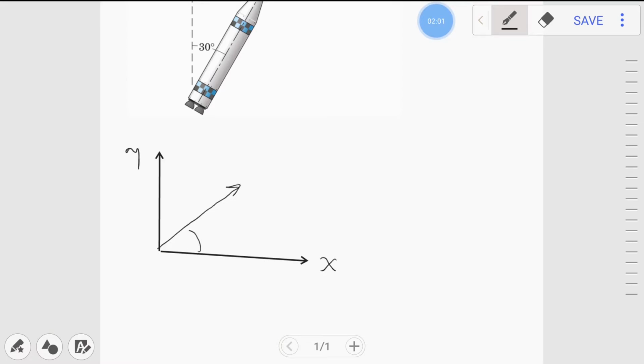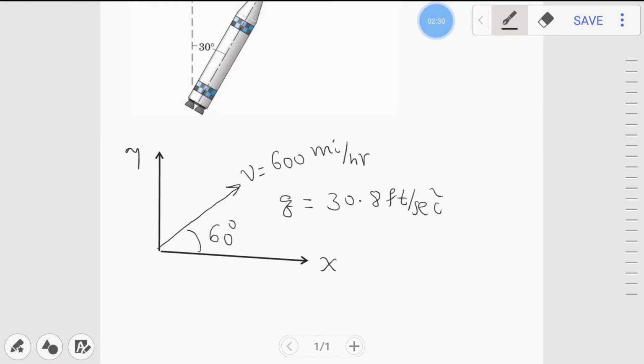This is 90 minus 30 degrees, so it will be 60 degrees from the horizontal axis, and the velocity is 600 miles per hour. Normally we have to convert it into standard US customary units, that means feet per second, and gravity is given here as 30.8 feet per second squared.